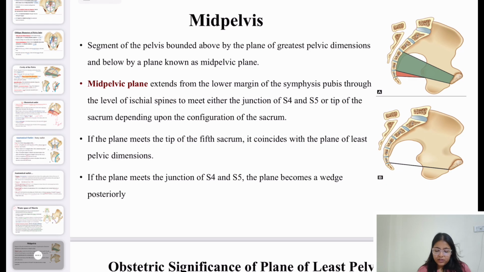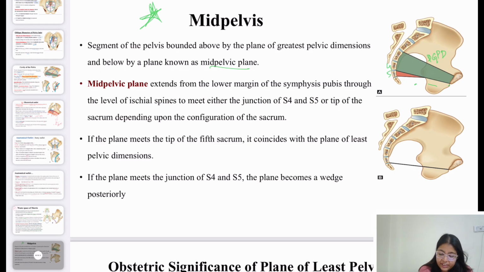Now mid pelvis. I have taken this as a separate slide because this is important. What is mid pelvis? This is the plane of greatest pelvic diameter, and below this is the mid pelvic plane. The mid pelvic plane extends from the lower margin of the pubic symphysis laterally to the ischial spine, and then the junction of S4 and S5, depending on the configuration of the sacrum.